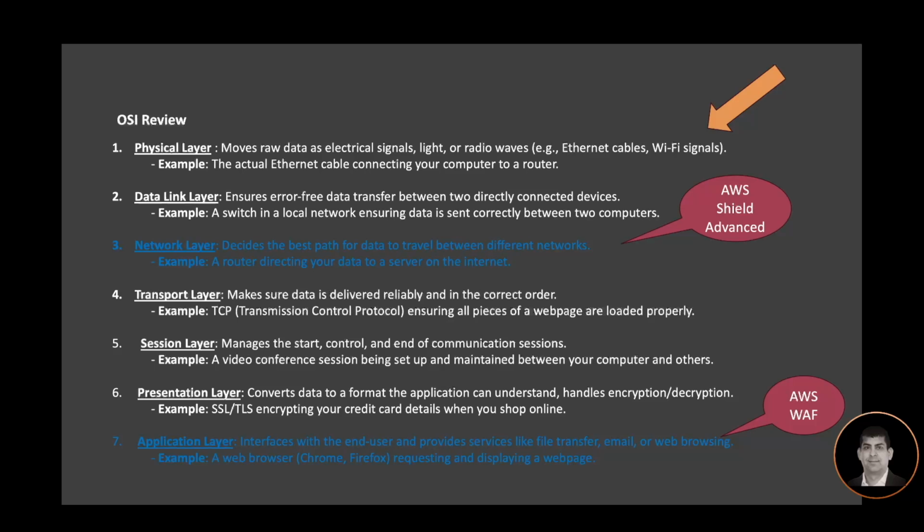So layer 3 is the network layer, and that's where, in the previous slide, I was showing that another AWS service, AWS Shield Advanced, provides protection at the network layer level. The AWS WAF, which we are using in this example, provides protection at the application layer.